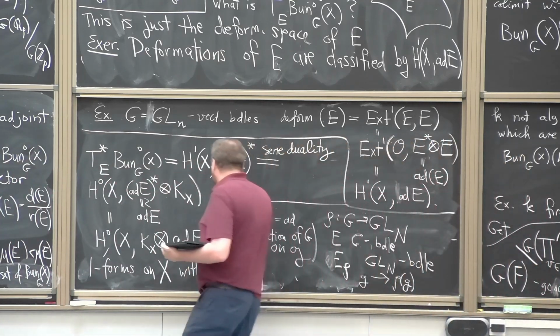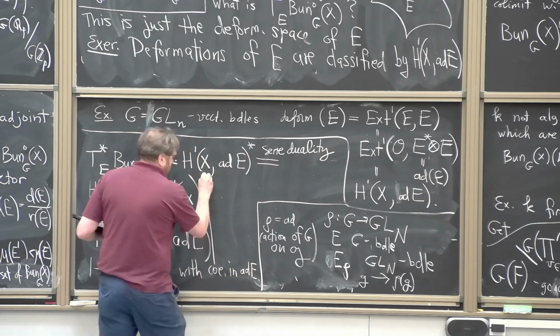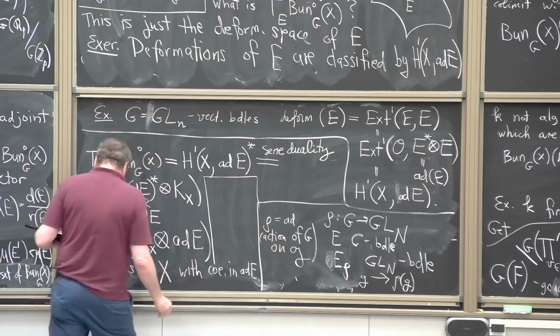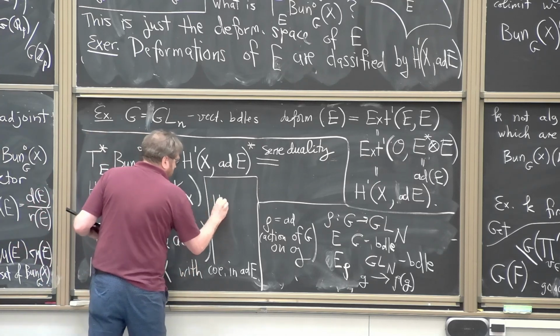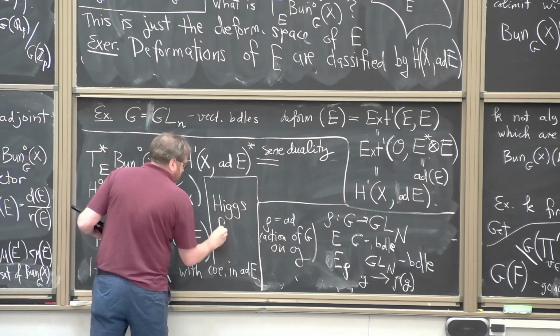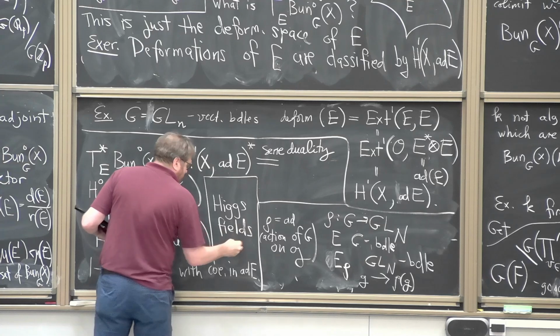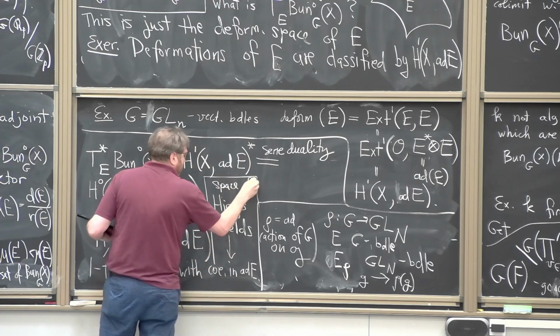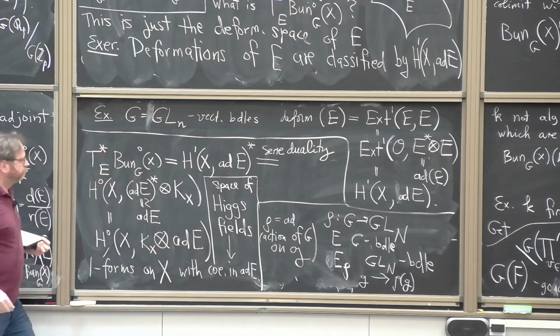And such objects have a name, because they appeared in physics in the work of Higgs, and so they are called Higgs fields. So this is the space of Higgs fields for this bundle.